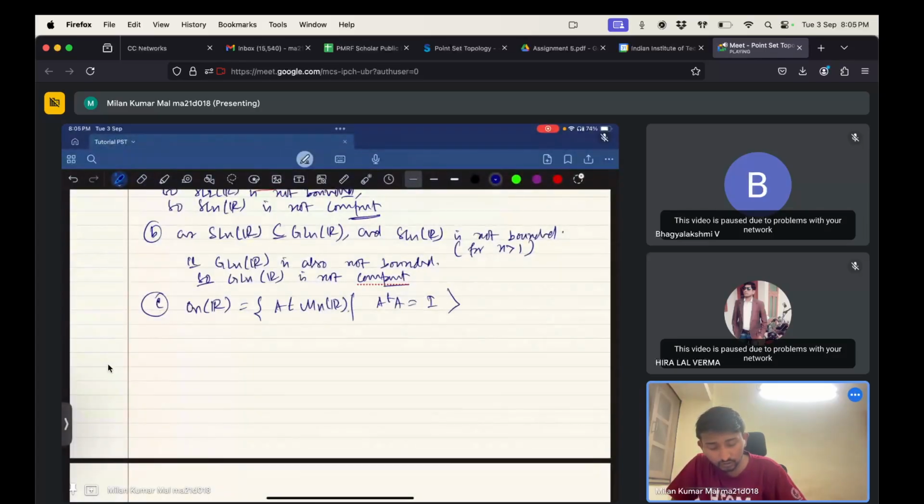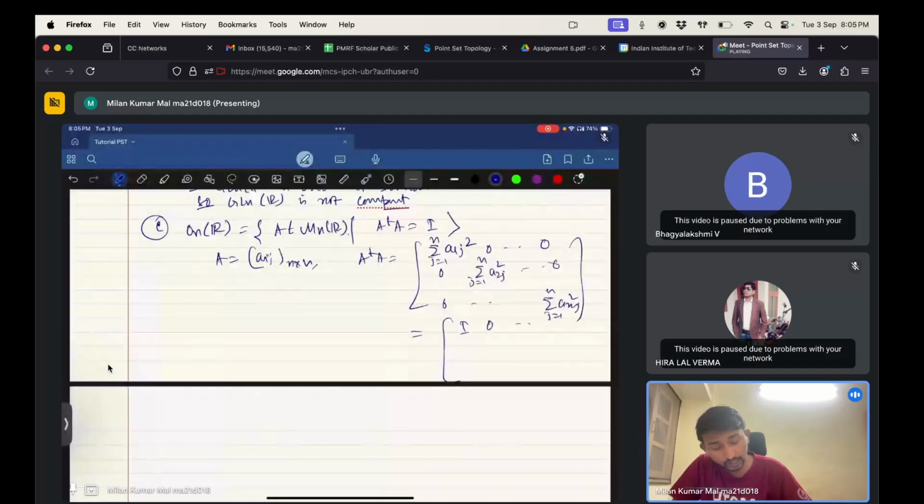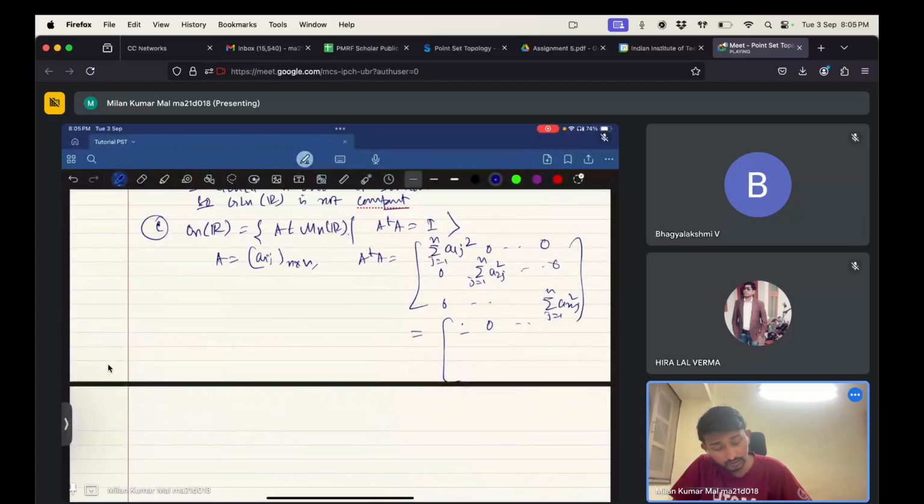If A equals (aij), n cross n, then A transpose A has diagonal entries: summation of a1j squared, j equals 1 to n, then summation of a2j squared, and so on up to anj squared, with zeros elsewhere. This equals the identity matrix, 1 0 0, 0 1 0, 0 0 1.